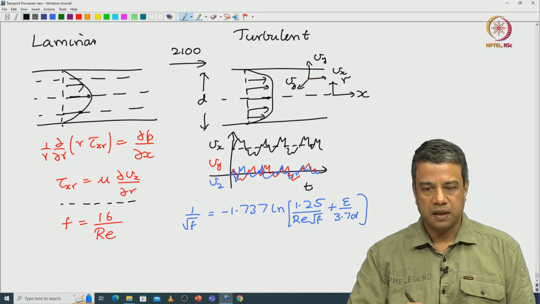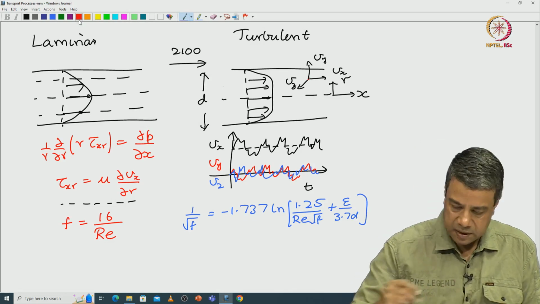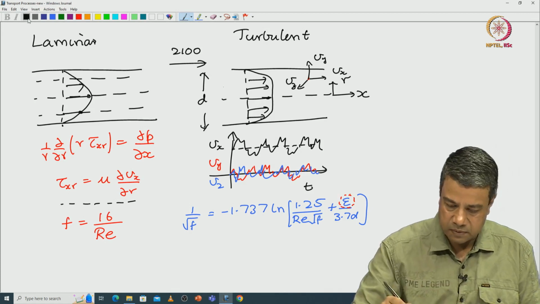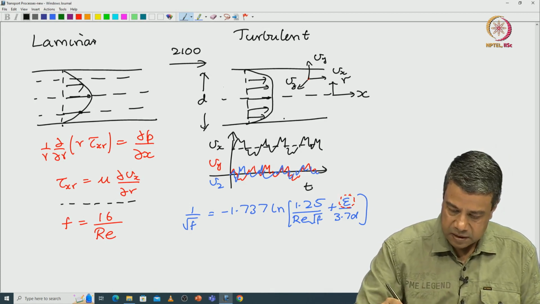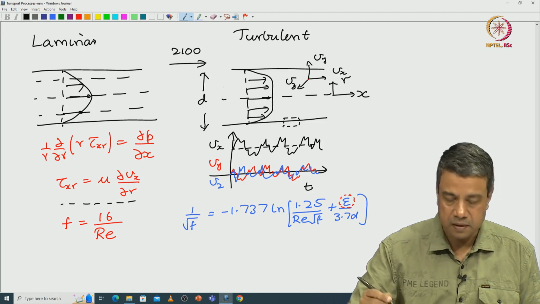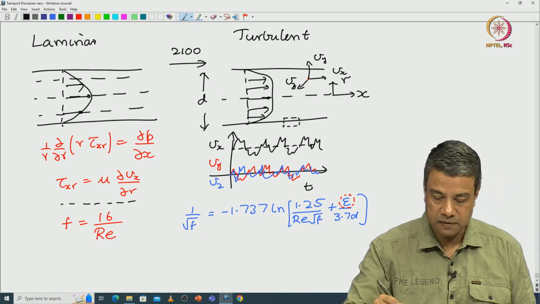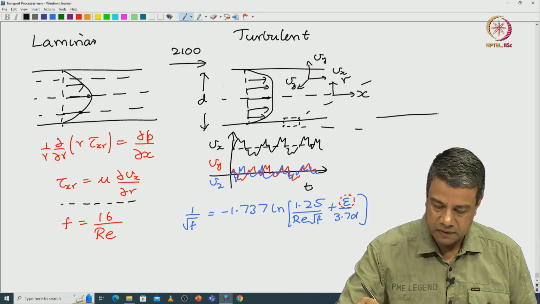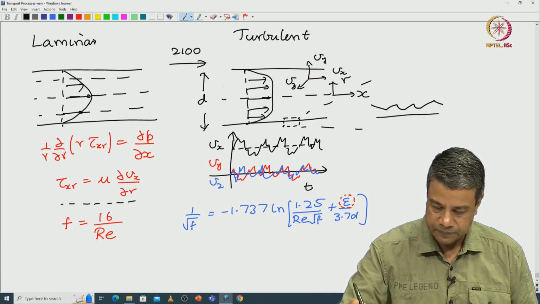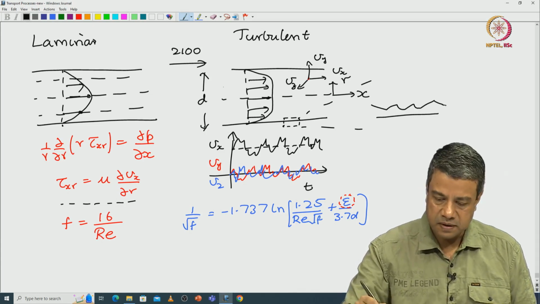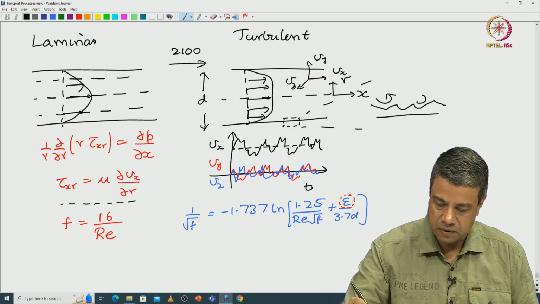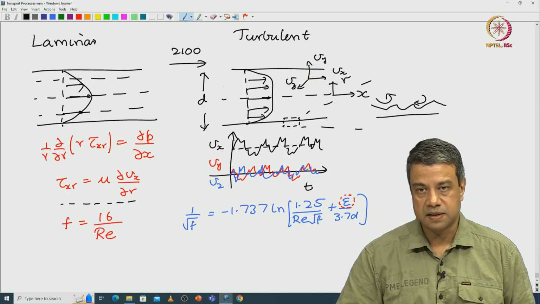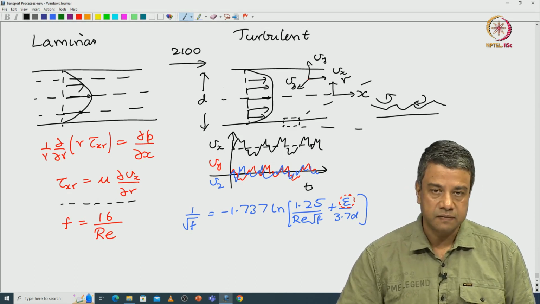and this parameter epsilon is an estimate of the wall roughness. That is, if I look at the region near the wall of the pipe and I expand it out, real walls will have some kind of roughness, and this roughness will cause some secondary flows very close to the wall, in addition to the turbulent fluctuations that are also present in the pipe, and this can affect the friction factor.